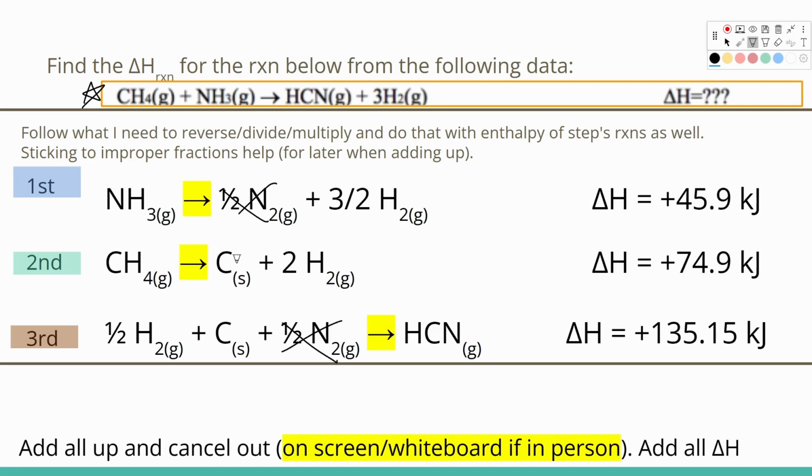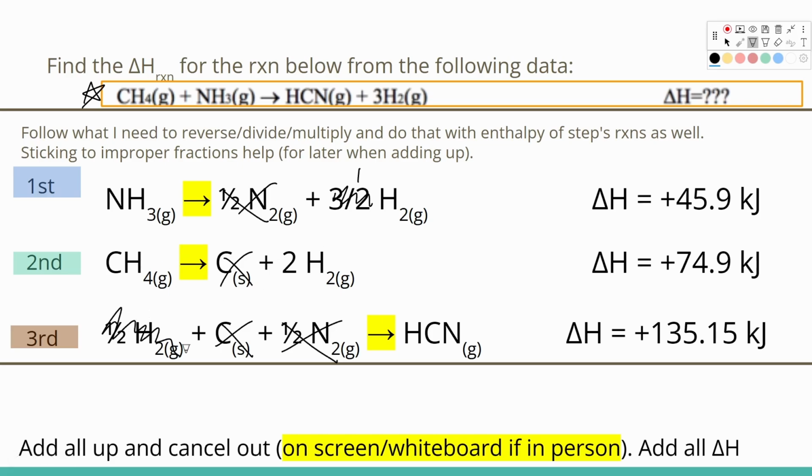I have a carbon as a product and a carbon as a reactant. So that cancels out. And then, if you notice, I have half a H2, and then I have 3 halves and 2. I'm going to mess with the 3 halves one, so if I get rid of a half here, then I have 2 out of 2, which essentially is just 1 H2. And so now I'm going to cancel this out too.